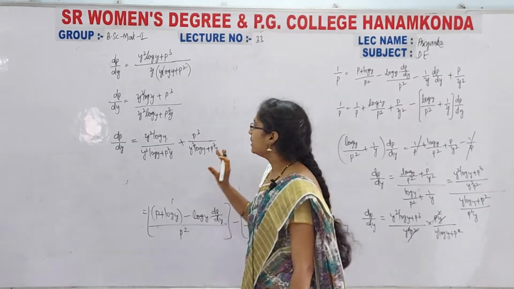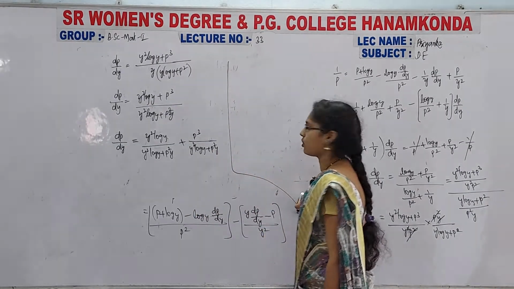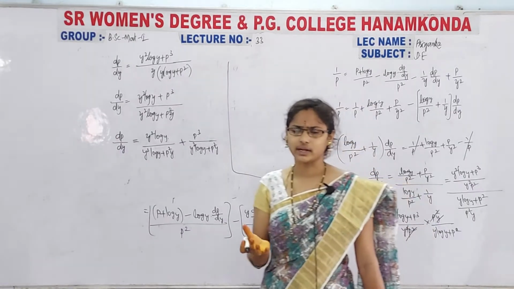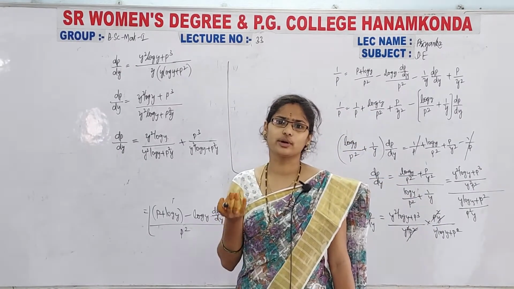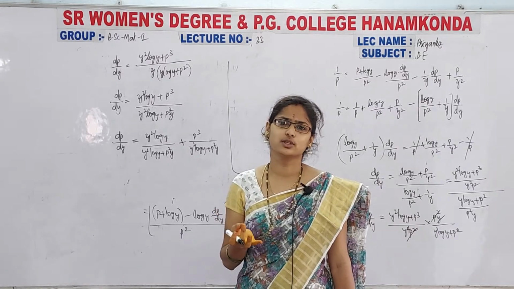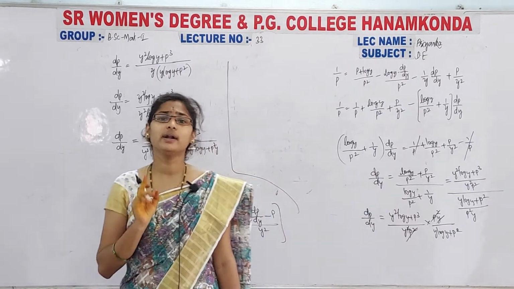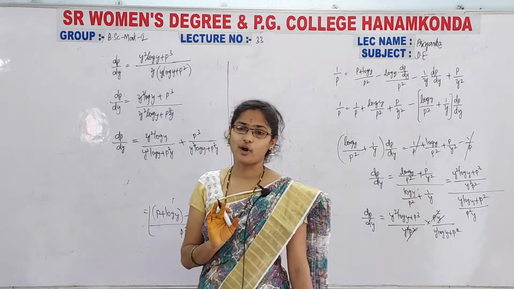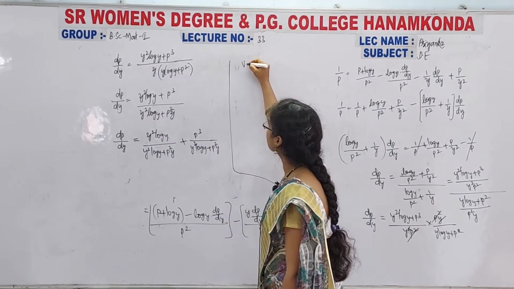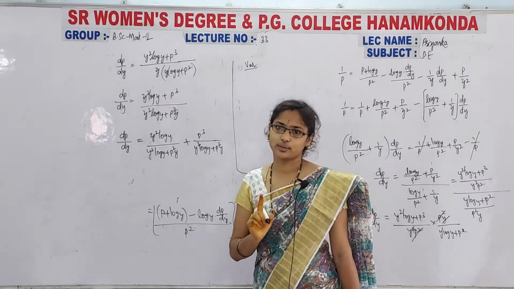Because here we definitely have to get certain forms. You can take any one: equation solvable for x, equation solvable for y, or equation solvable for x, y and p. Whatever it is, you have to get the form directly to the variable separable method. That is the first possibility.